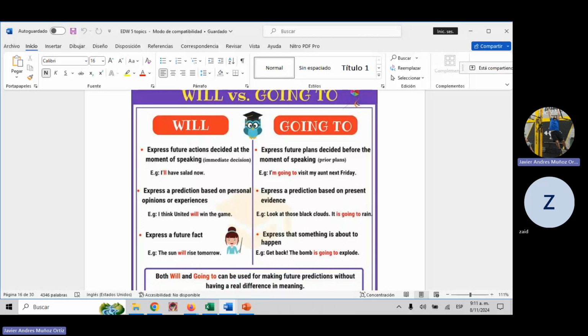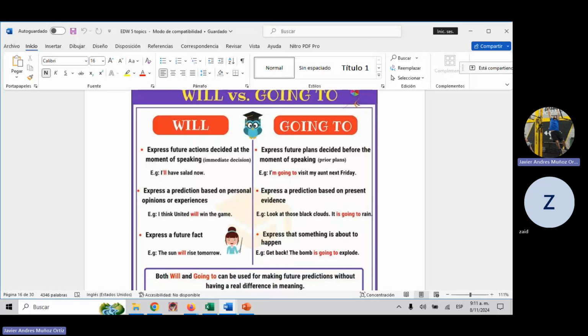In my opinion, I guess, I think, in my experience, this will happen. Meanwhile, going to bases its prediction in terms of evidence, taking into account numbers, facts, truth. So, according to the statistics, this is going to happen.